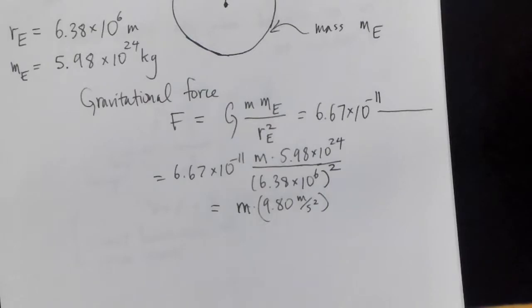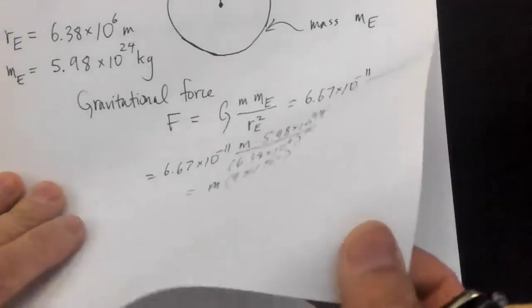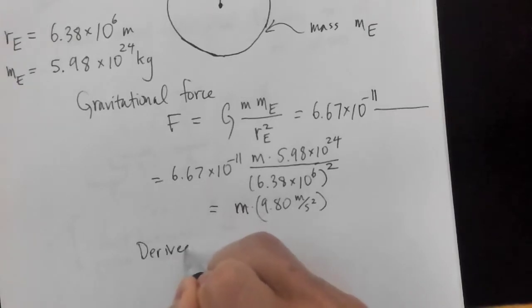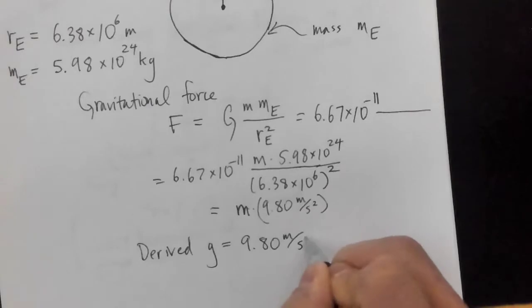You can derive it from the mass of the Earth, radius of the Earth, and Newton's universal gravitational constant. Any questions about this? Pretty good. All right. So we've derived that small g is equal to 9.8 meters per second squared.